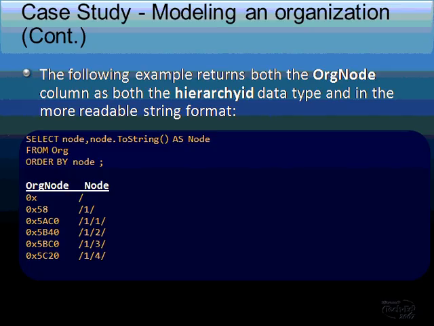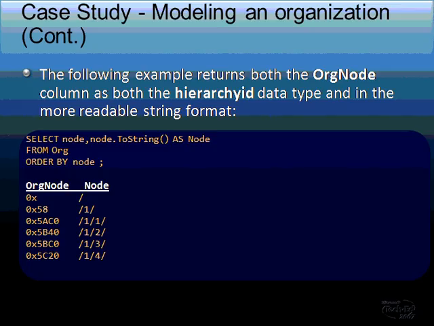Yeah, slide 16, again, I think I showed this earlier, but I just want to make sure I give you this one more time. It basically tells you how you display that. For display purposes, or if you want to get a direct, user-friendly representation of the hierarchical ID information you saw in the database, and display that in a report or for whatever purpose, you can use this ToString.